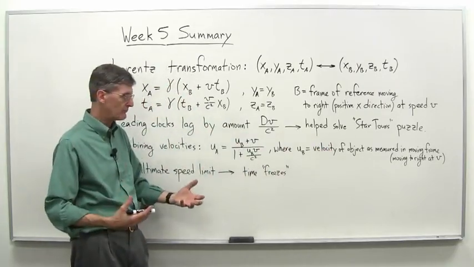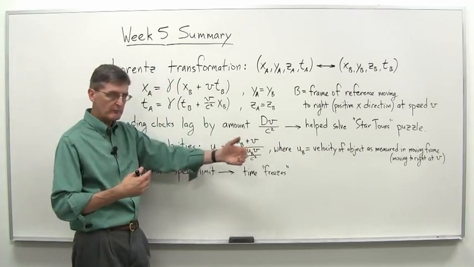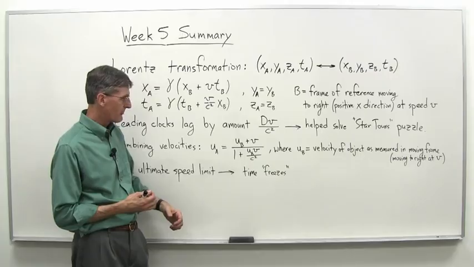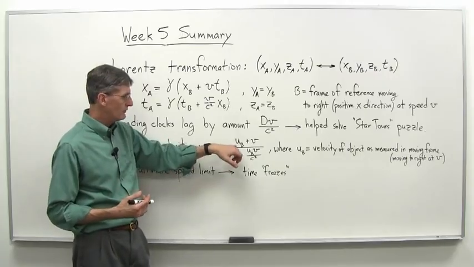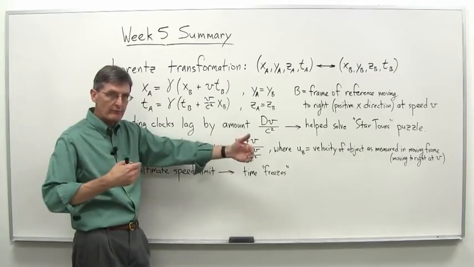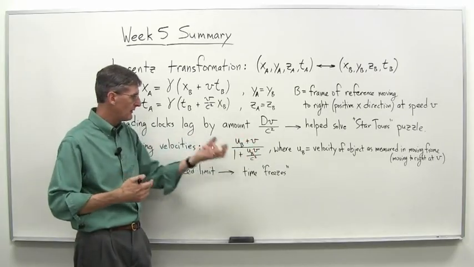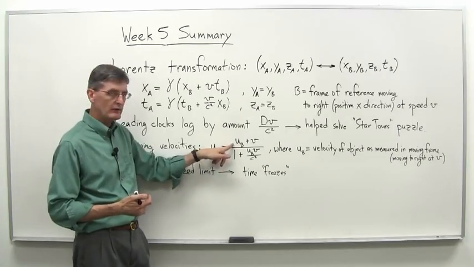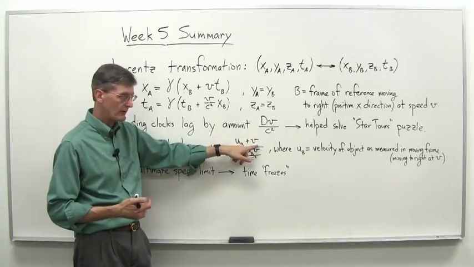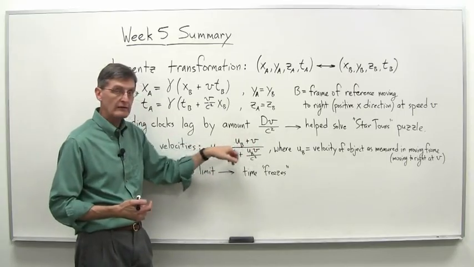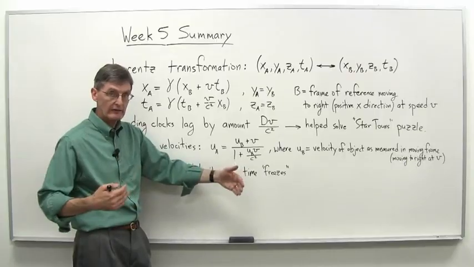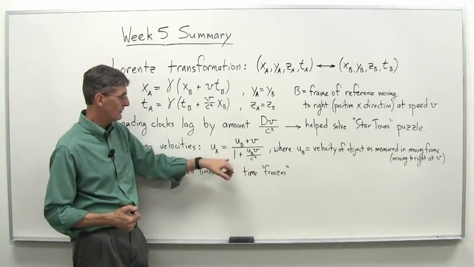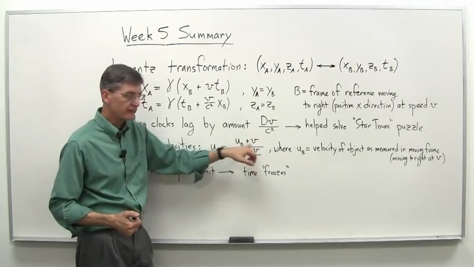So again, imagine the escape pod shooting out from Bob's spaceship, and if it's going at U sub B with respect to Bob in his spaceship traveling away from him, then Alice will measure the speed using this formula. So it's U sub B plus the velocity between them, V. And that would normally be the Galilean transformation, the normal addition of velocities. But we've got this factor on the bottom.